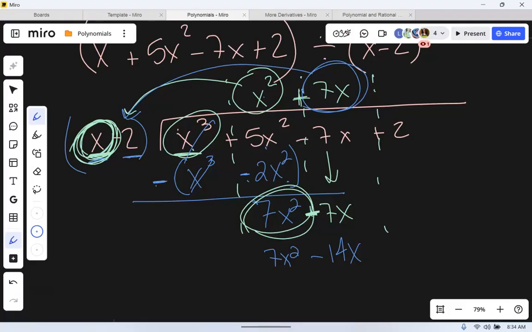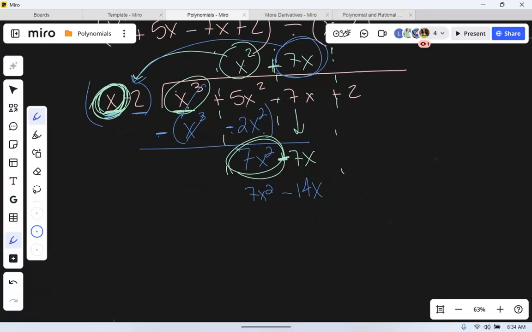Okay? What now? Subtract, but I subtract everything. First terms cancel, as they should. Negative 7x minus negative 14x leaves me with what? Positive 7x.